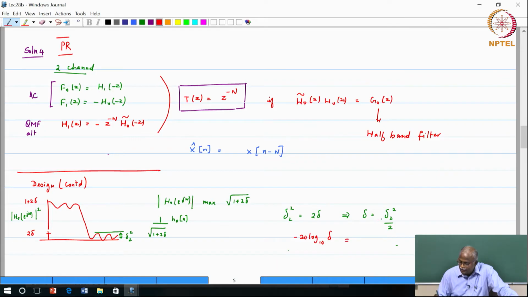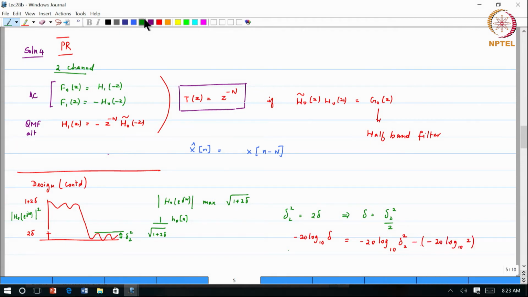That is related to the stop band ripple of the filter H naught in the following relationship: minus 20 log base 10 of delta 2 squared, minus 20 log base 10 of 2.